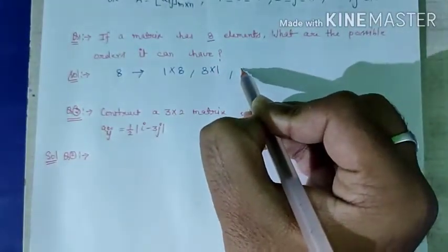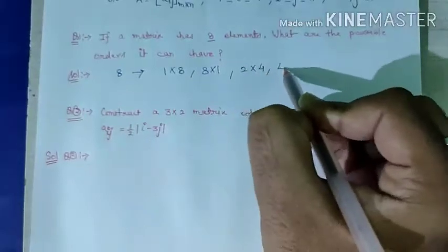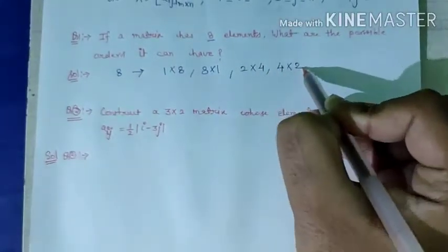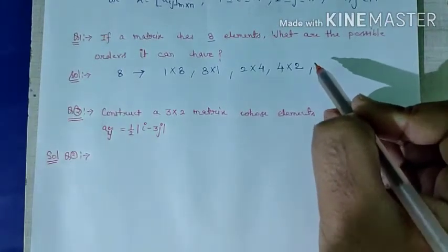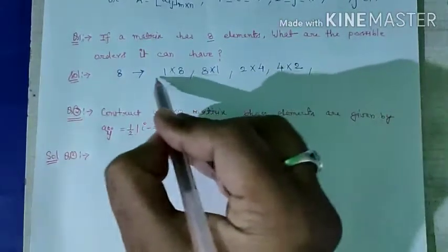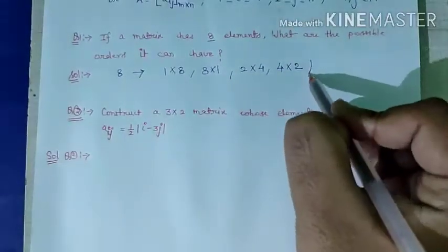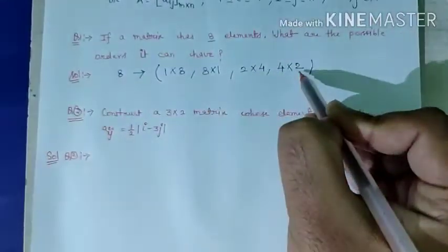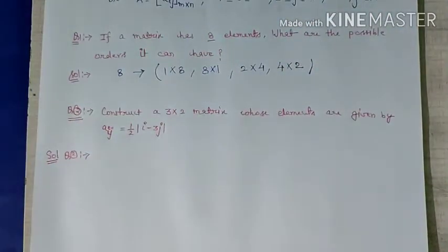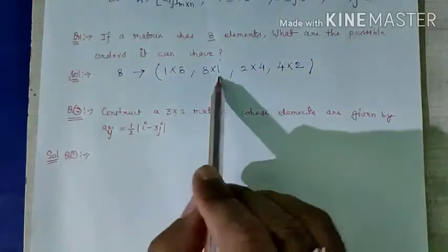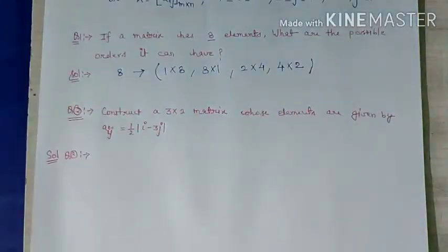We can say 2 into 4 and 4 into 2. These are the possible pairs of numbers which, if we multiply, will give 8. So it means we may have 4 types of matrices. So these possible orders could be there.